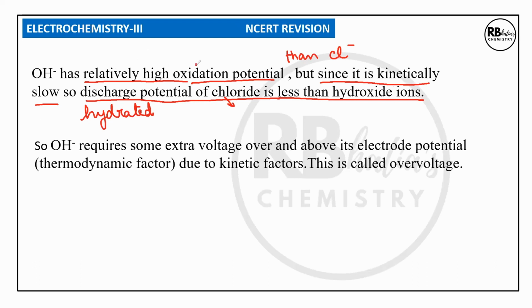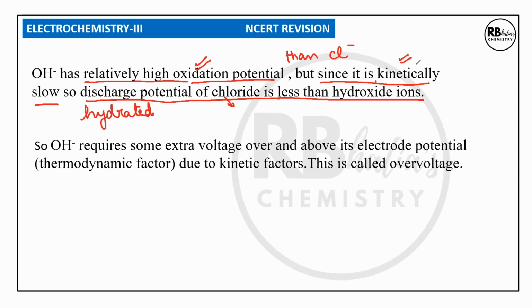Hydroxyl ion has a higher oxidation potential, but more potential than normal is required to discharge it because it moves slowly. Its movement till the electrode is kinetically slow since it's a hydrated ion.